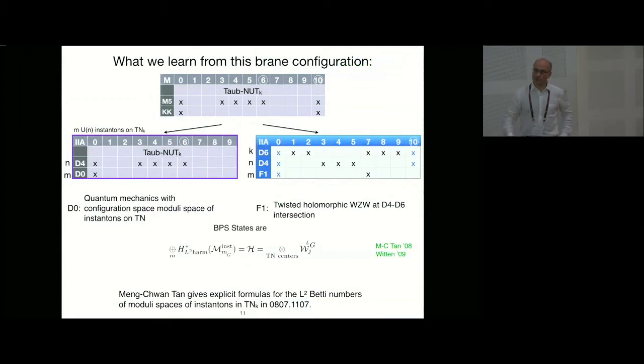So the exact statement here is that if you focus on these 2 shared directions, then you have a 2-dimensional theory living on the intersection of D6 and D4 branes. As these authors argued, that's described by holomorphic WZW on the intersection.